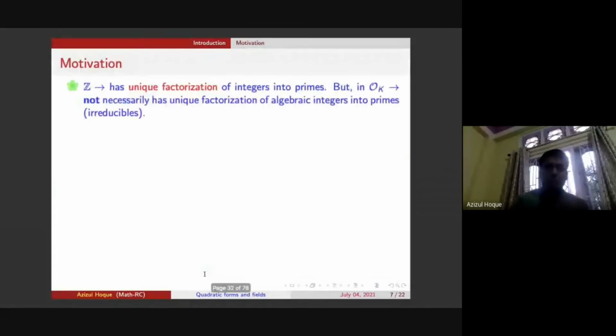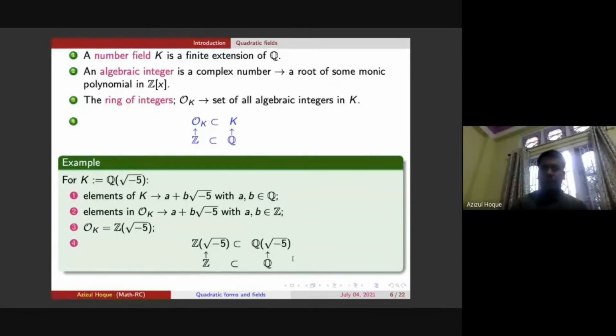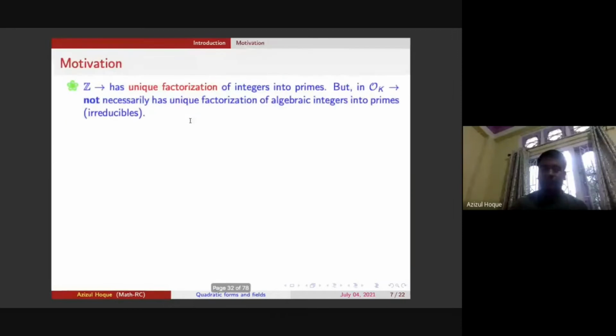Okay, so let us draw a remark here about the structure of the integers here and then here. Okay. So in case of the set of all rational integers, we have a nice property. What is that? That is called unique factorization of integers.